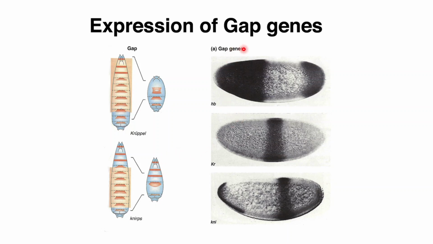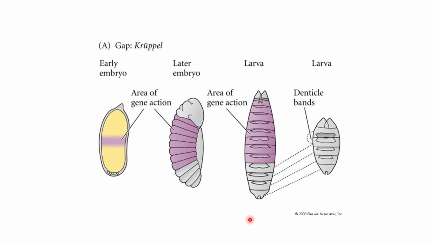Other examples of expression profiles here are hunchback, Krüppel and Knirps. So this is what we would have when we have a mutation in the gap genes. In the early embryo, this is the area of gene action, which is the expression profile of the gap gene.